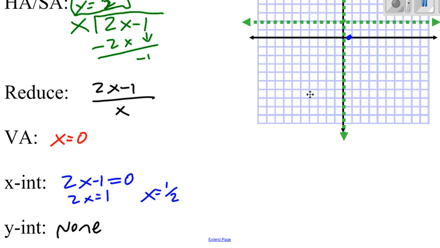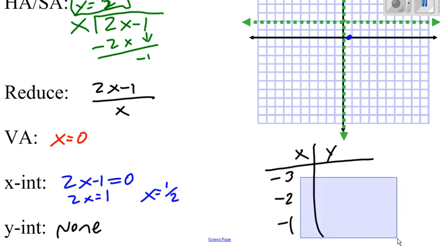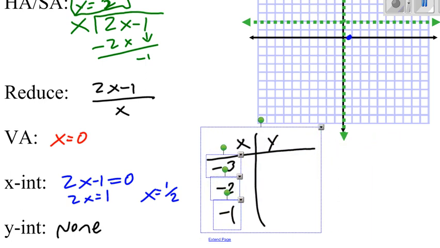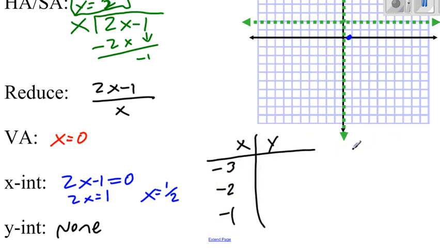And then we will make a table to get a few more points here. Usually it's a good idea to take 3 points on each side, so our asymptote's at x equals 0, so we'll plug in -1, -2, -3. And we'll also do +1, 2, and 3.